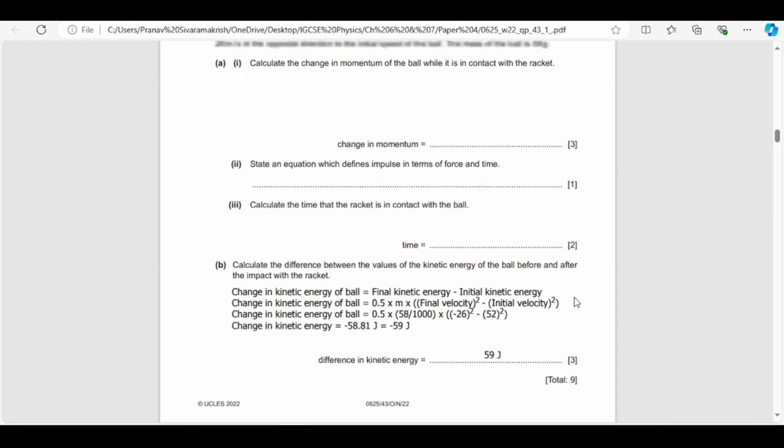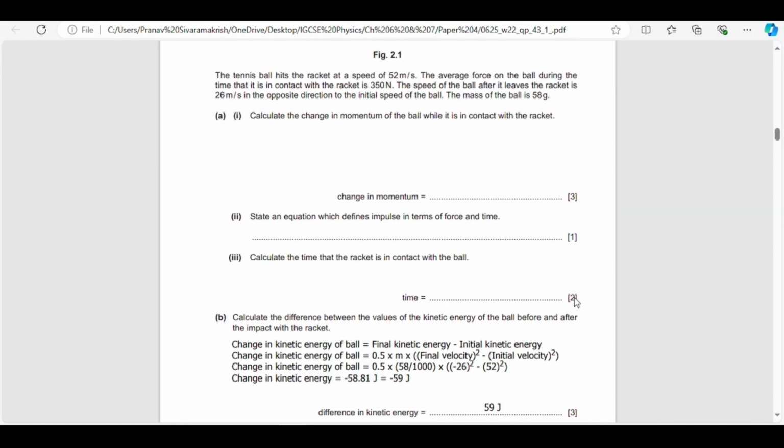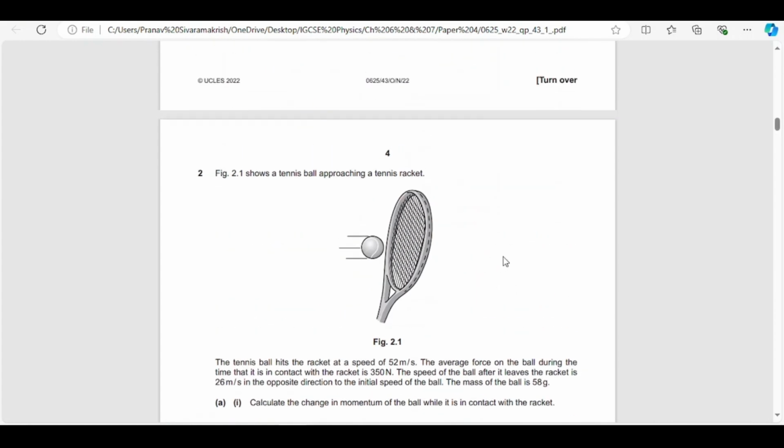This is important. The reason is that velocity is a vector, which means it has both a magnitude, or a value, and a direction. If we assume that traveling from left to right is positive, the ball is initially moving in the positive direction at a velocity of 52 meters per second. But then it travels in the opposite direction at 26 meters per second after collision.